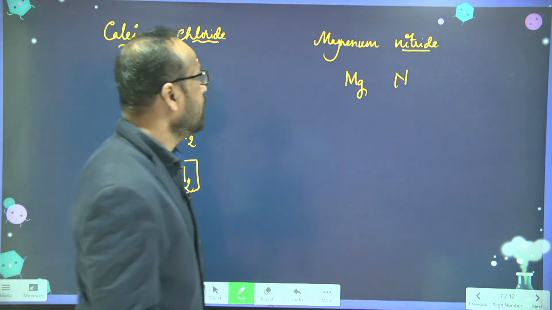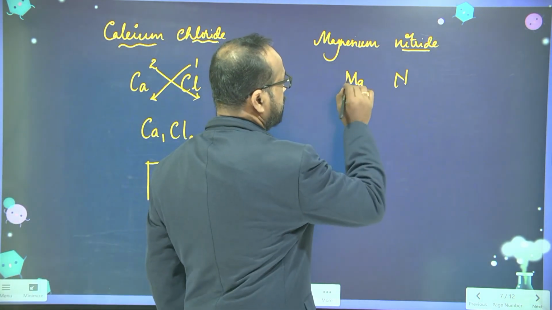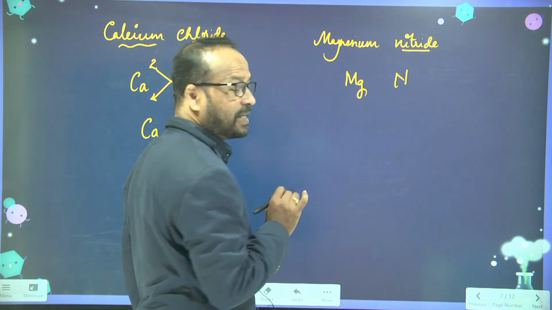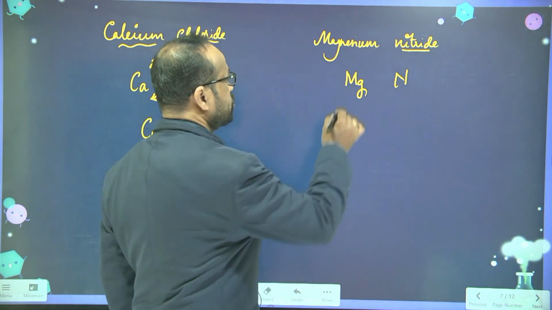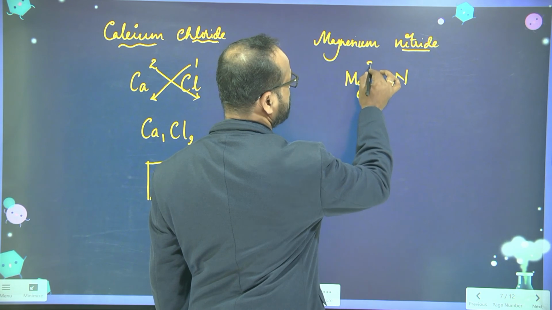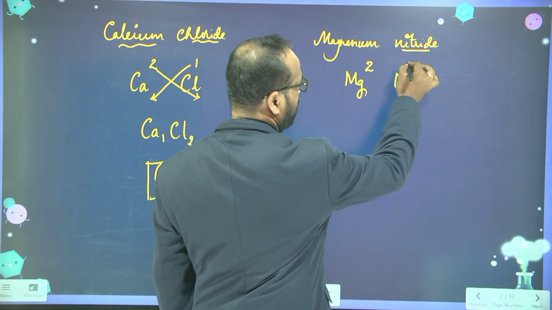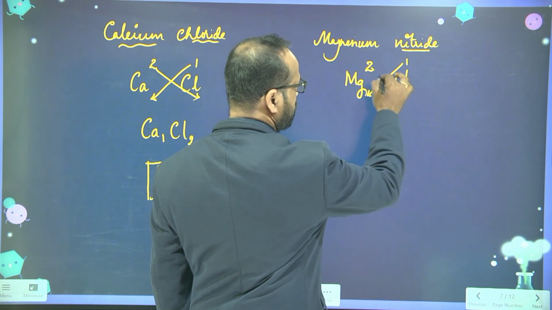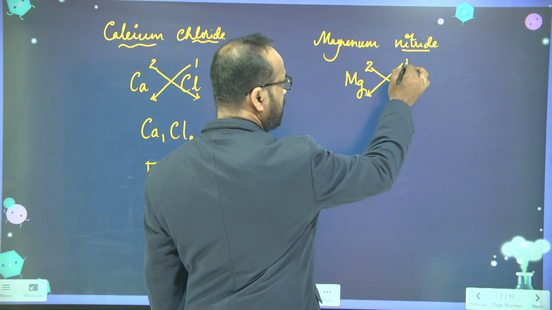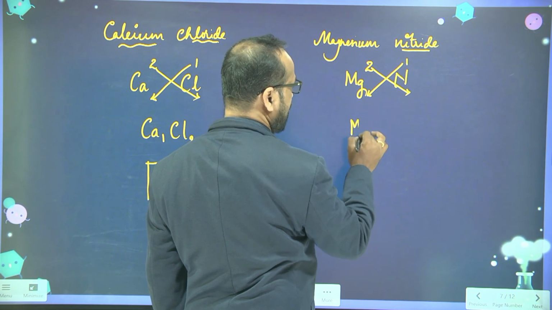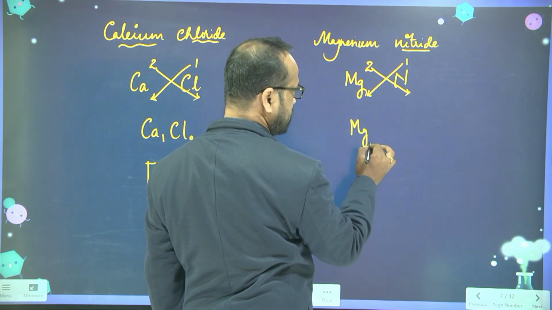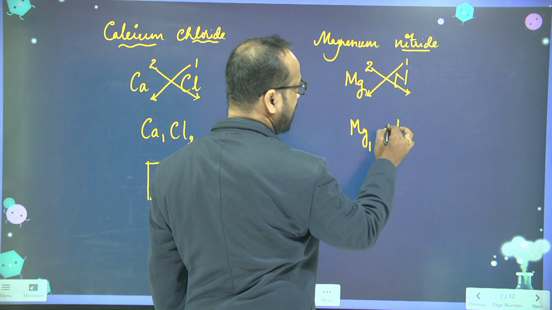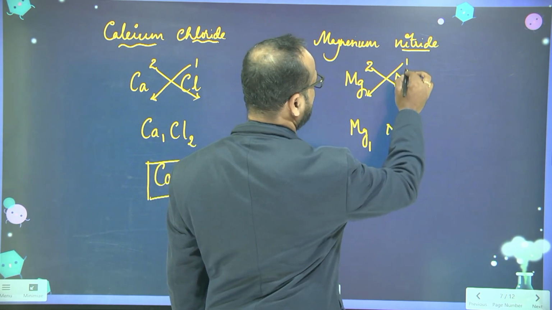Is this clear? Now see here. Then second step is what? Write their valences. So you know that magnesium valency is 2 and nitrogen valency 3. Sorry, nitrogen valency is 3. So crisscross here. The meaning of crisscrossing is that we are writing the nitrogen valency to the magnesium and magnesium valency to the nitrogen.